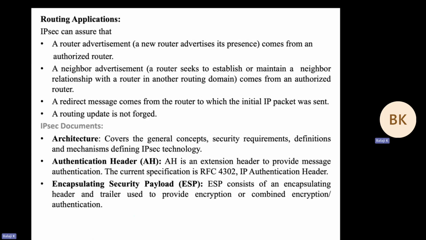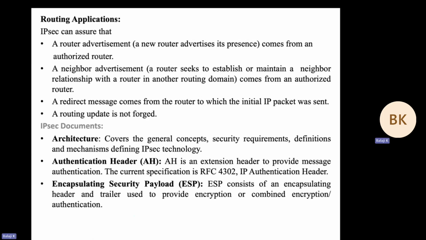A redirect message comes from the router to which the initial IP packet was sent. And a routing update is not forged. These are the main benefits related to routers. So if any router is added into the network, it can advertise, neighbors can also advertise, and redirect messages also come from the router to the initial IP packets. These are the four important applications which are helpful for routers.